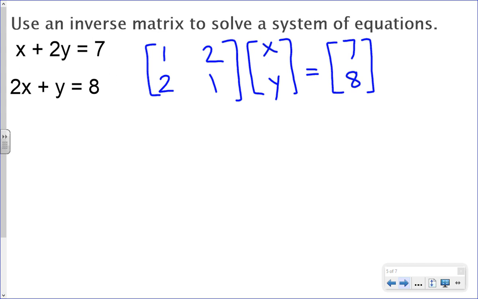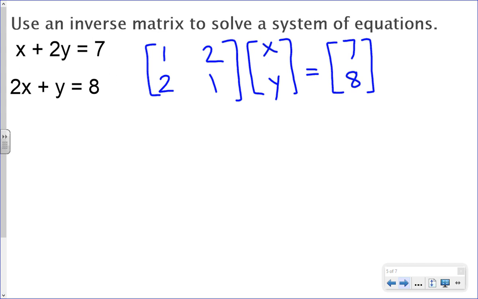Okay, so let's see why this works. If we take row times column, we get 1 times x plus 2 times y, and that should equal the first entry. Row times column, 2 times x plus 1 times y, and that should equal the second entry. Okay, so those are our systems of equations.